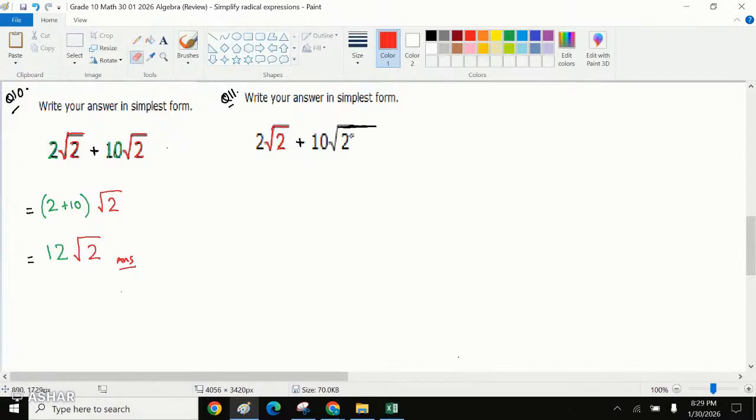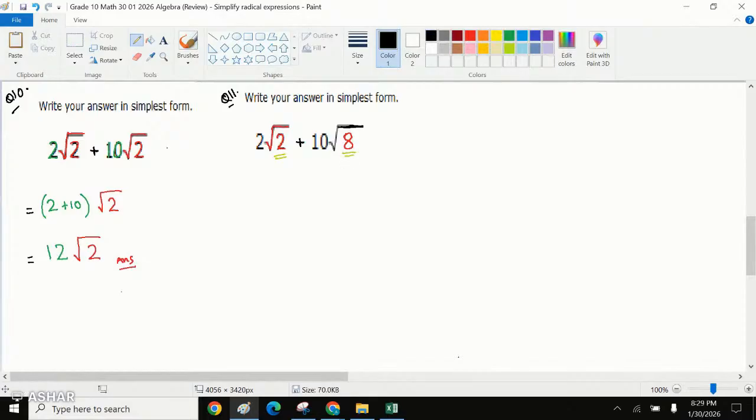Rather than 20, let's make it 8 over here. Let's see if both the variables have a different radical. We agree that they both have different radicals.